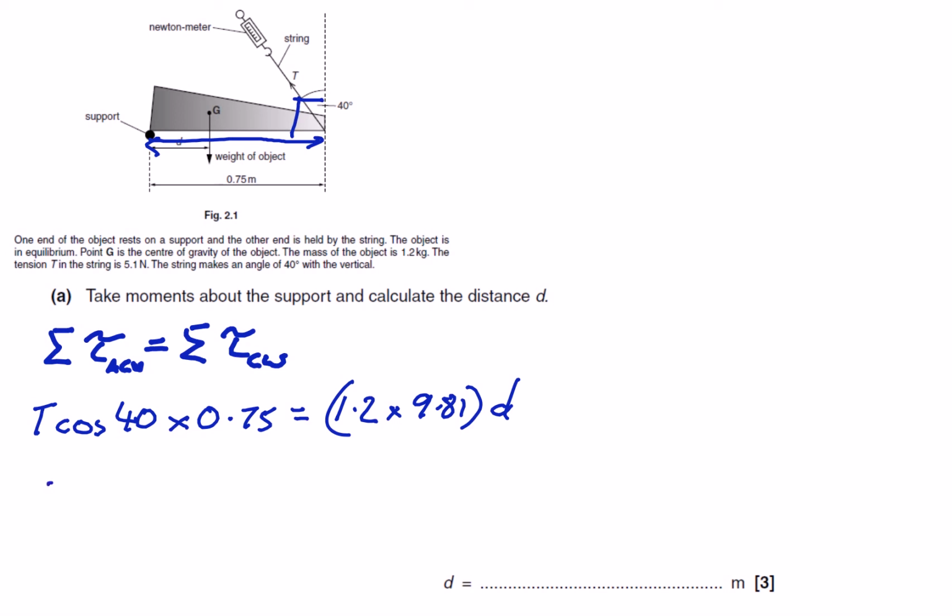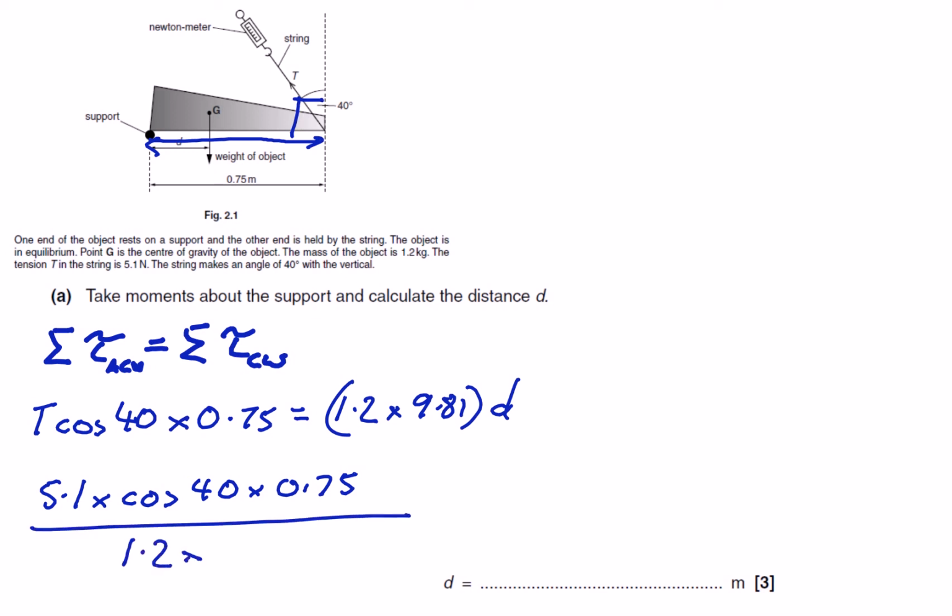That gives me 5.1 multiplied by cos 40 multiplied by 0.75, and if I divide this by the 1.2 times 9.81, that equals d, and that comes out as being 0.25 meters.